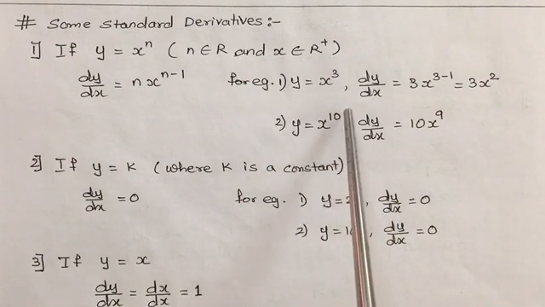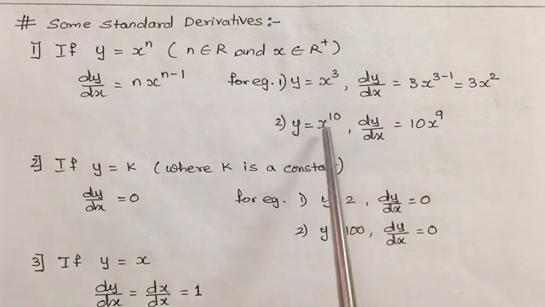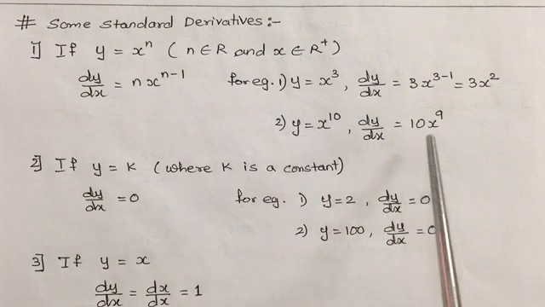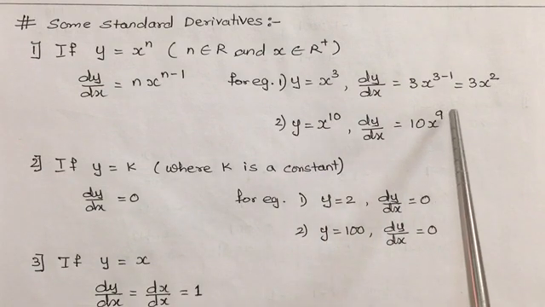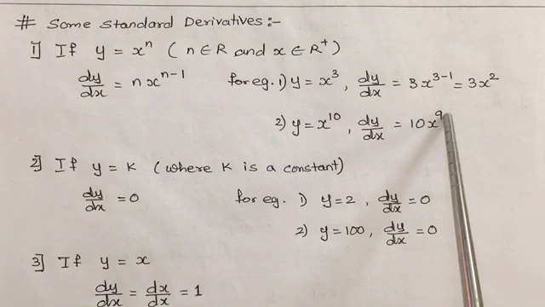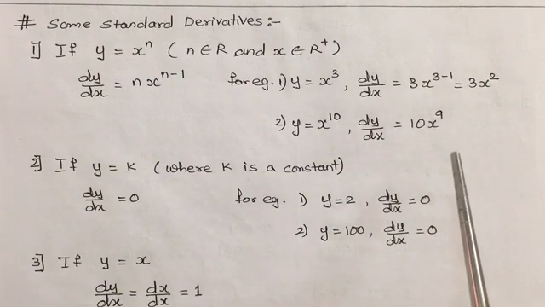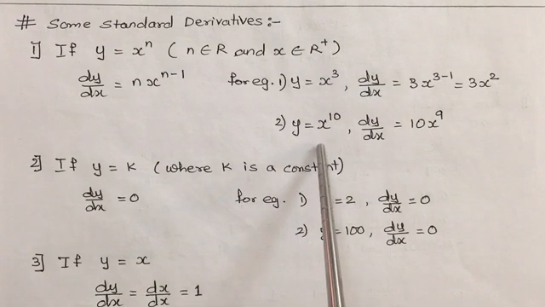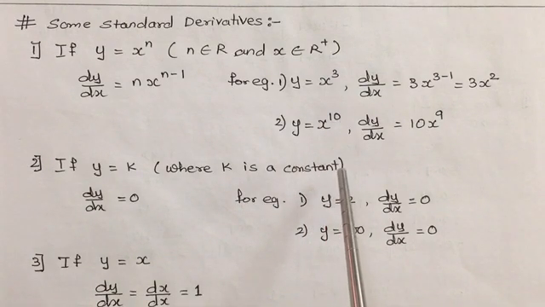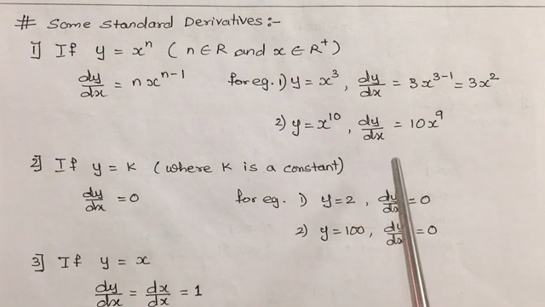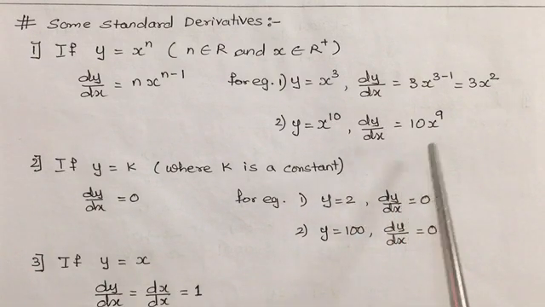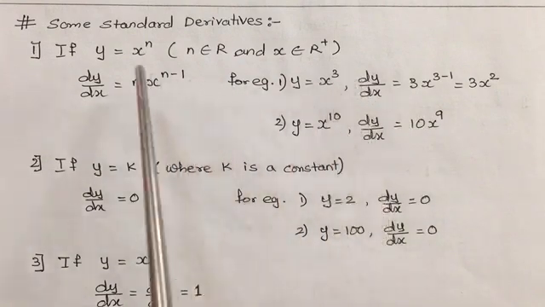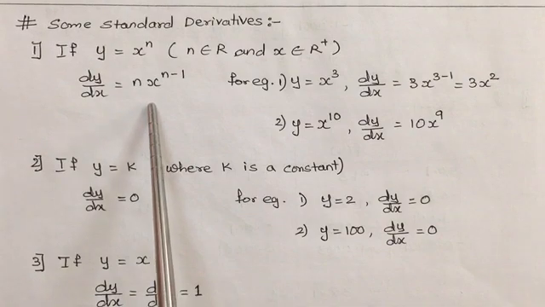If y equals x raised to 10, the power or degree comes in front, and the degree gets reduced by 1, so 10x raised to 9. Same way, if y equals x raised to 100, then dy by dx is 100x raised to 99. So this is how the first formula will be used.